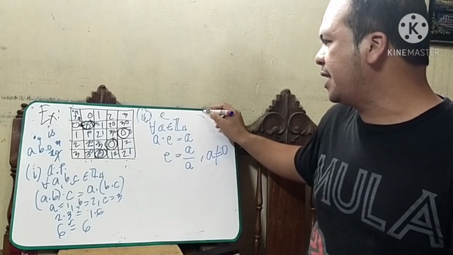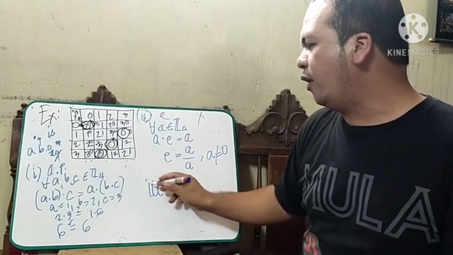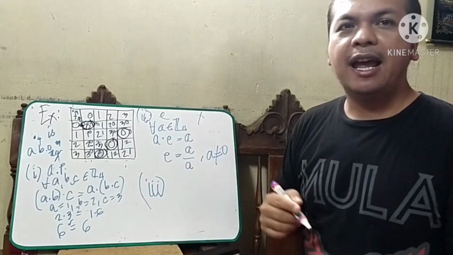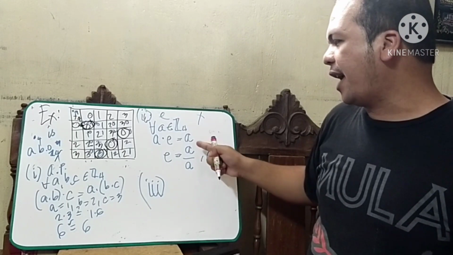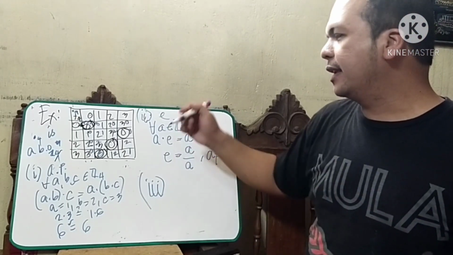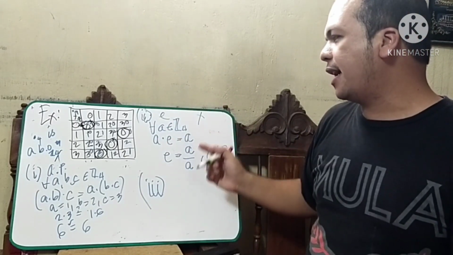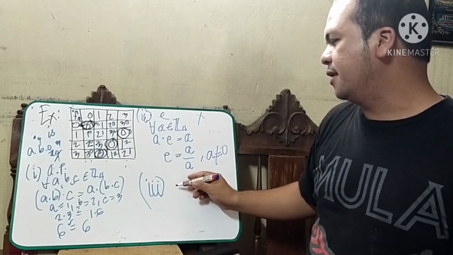So the second property is not satisfied, and since not all the elements of Z4 can be written in the form of A over A, then it implies that not every element in Z4 has an inverse.